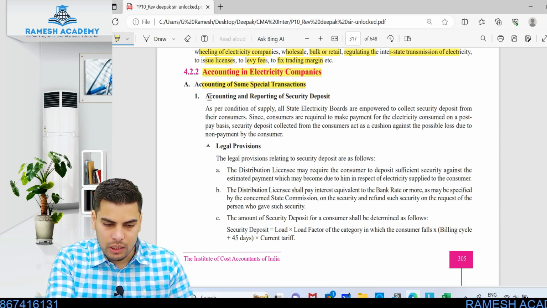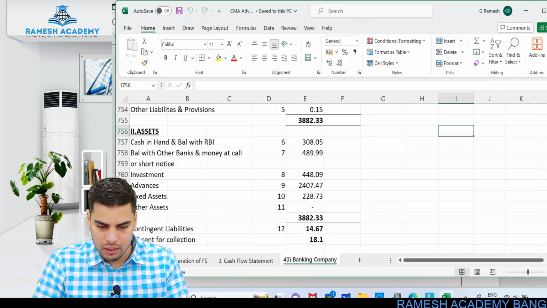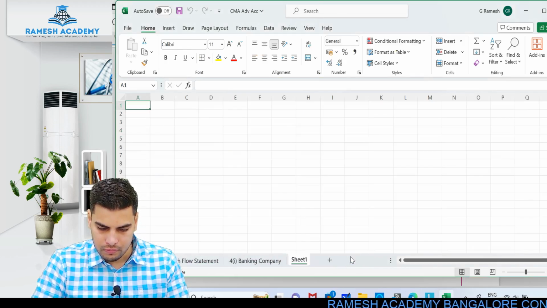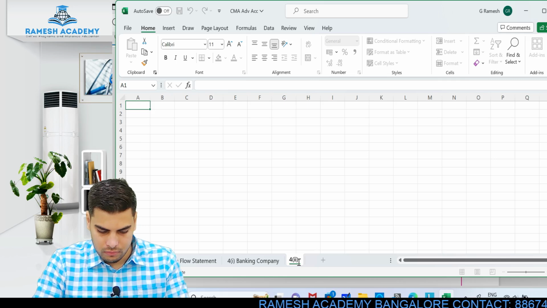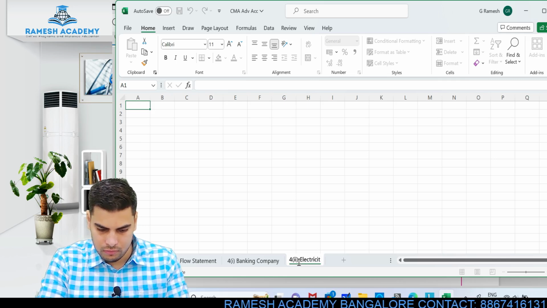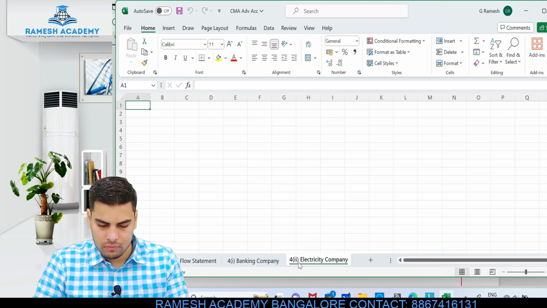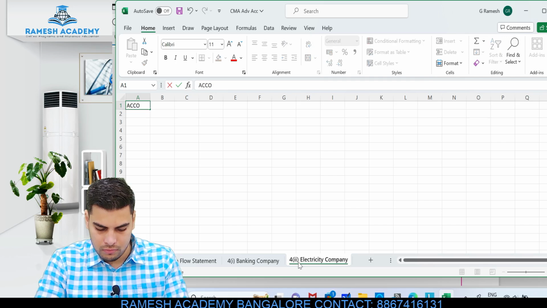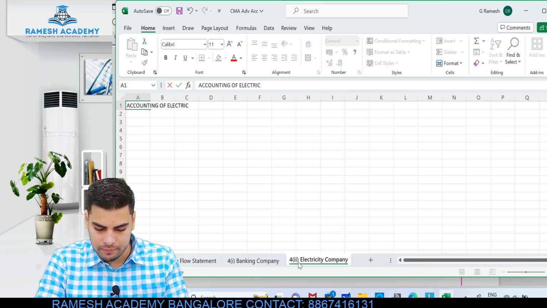The very first one is accounting and reporting of security deposit. This is what is important. So let's just write the notes relating to the same. Accounting of electricity company.